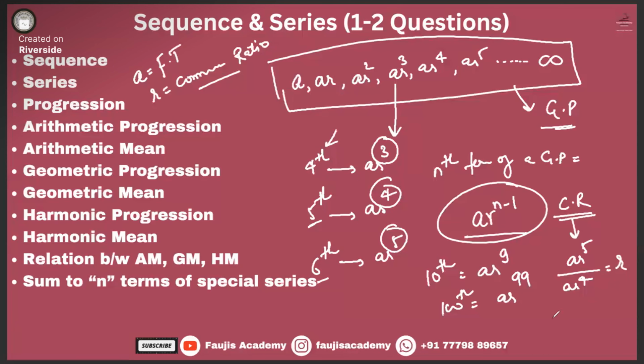R. For AR to the power 100, the preceding term is AR to the power 99, and dividing, you'll get R. Right? Is it clear, guys? Yes, sir. Cool.